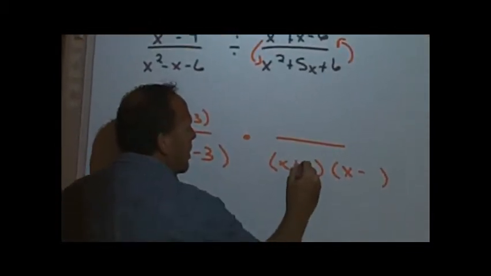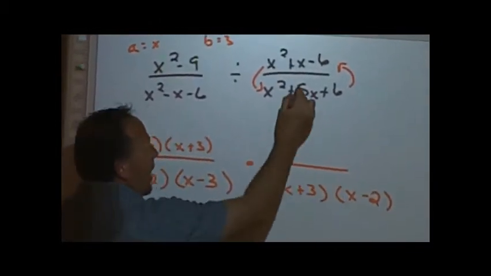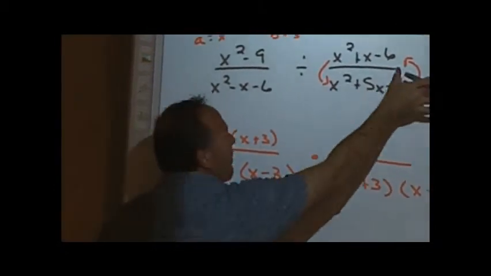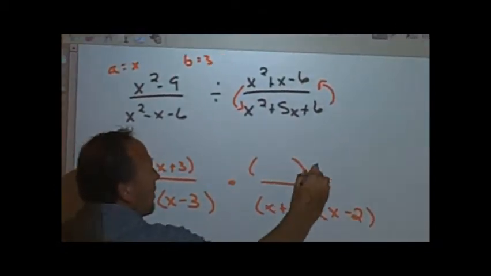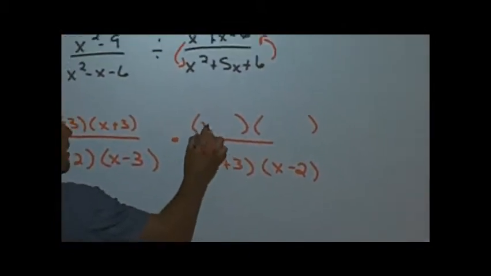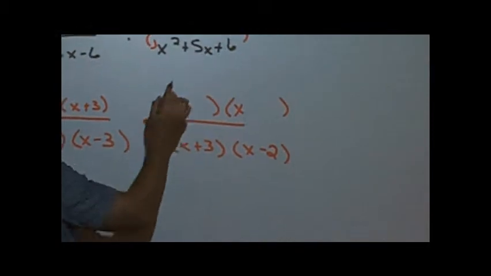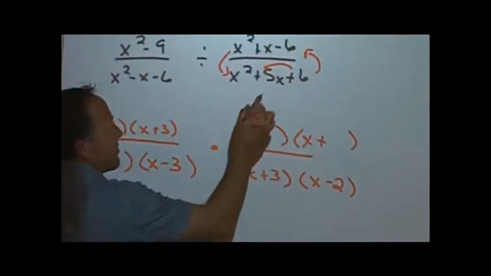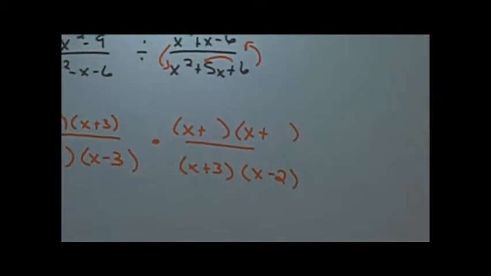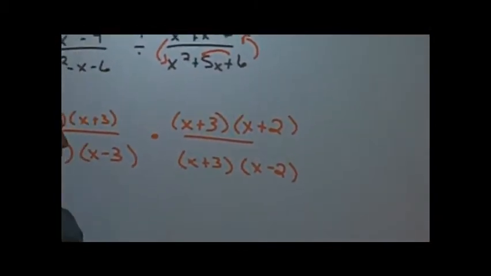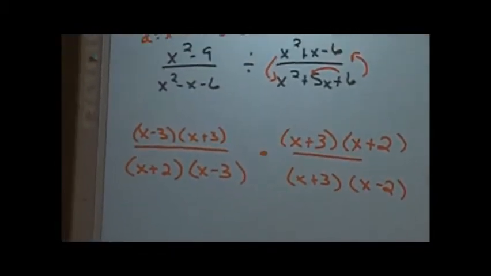The 3. Okay, now I got to break that one down. Denominator will go to my numerator, so I got my 2 binomials. What times what gives me x squared? X and x. My signs are going to be both positive. Factors of 6 that add up to 5. 3 and 2. Now I broke everything down to its simplest form.